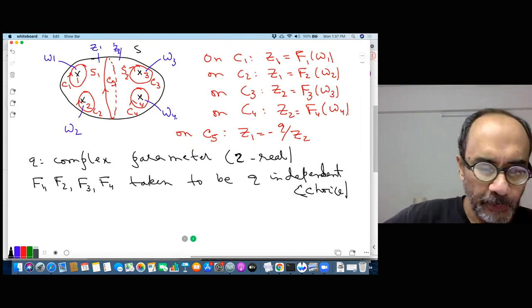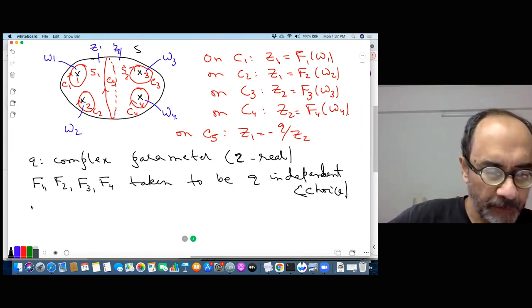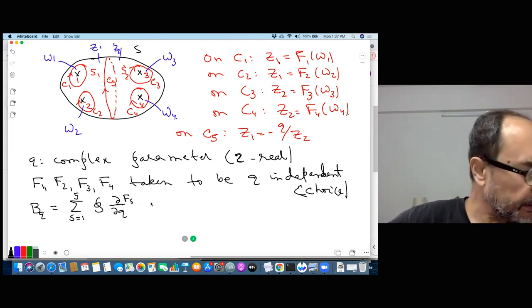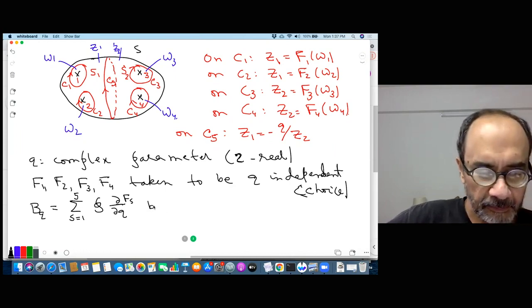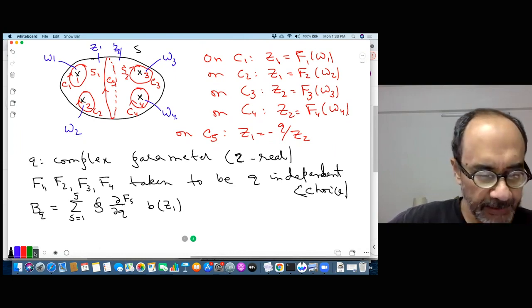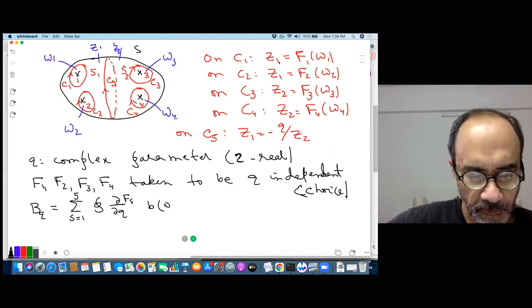Our first task will be to construct the B's. So let me remind you the BQ, by definition, will be sum over S equal to 1 to 5 integral del Q of Fs B of sigma S. So sigma S, if you remember, is the coordinate to the left.